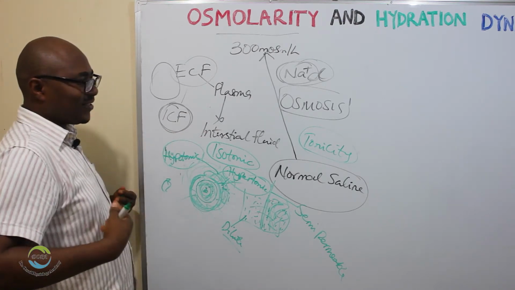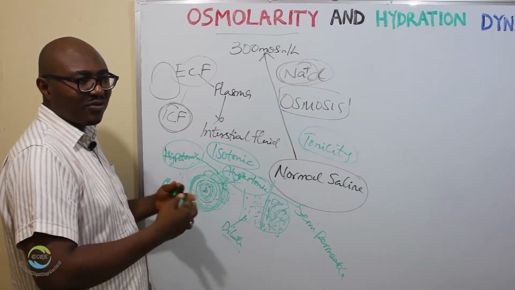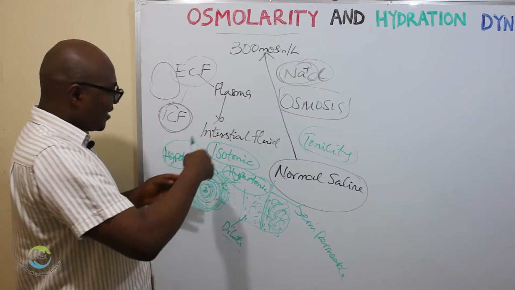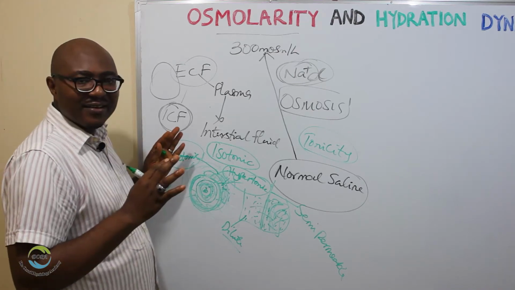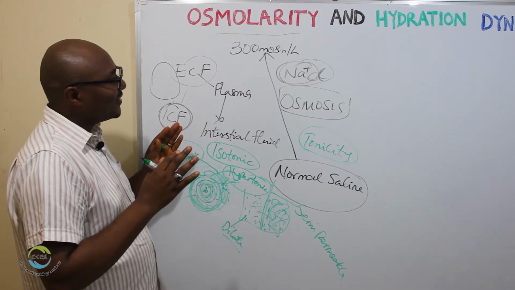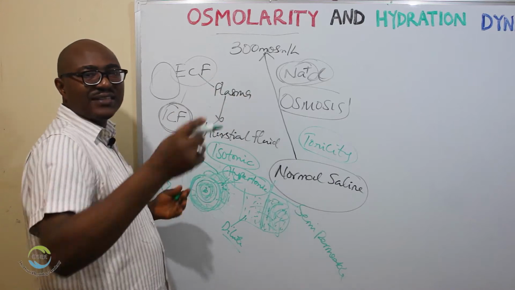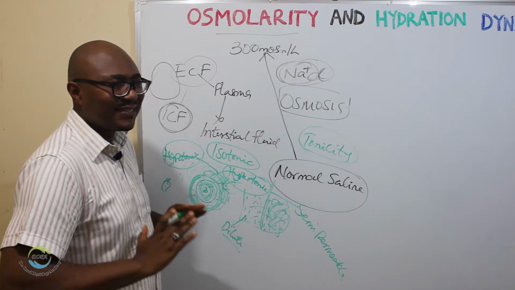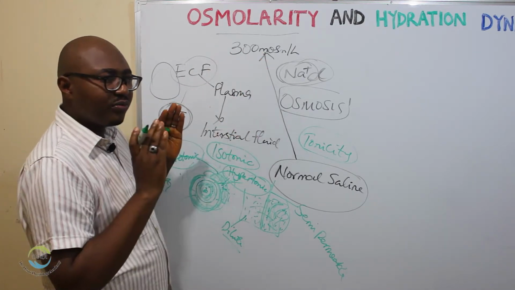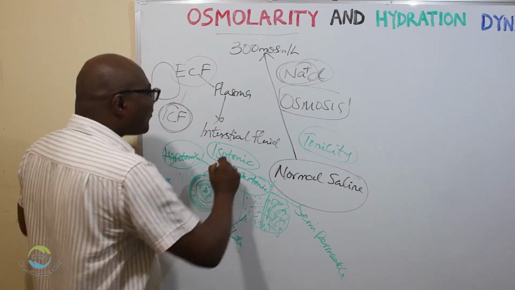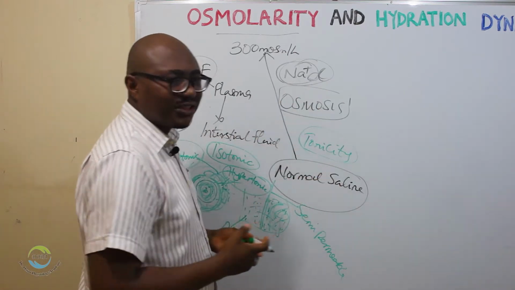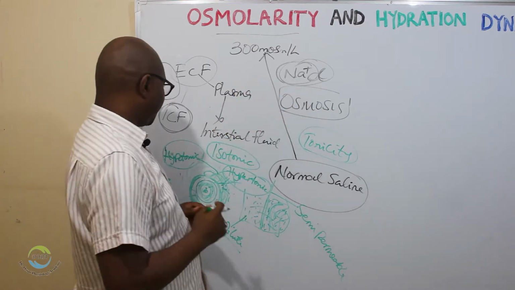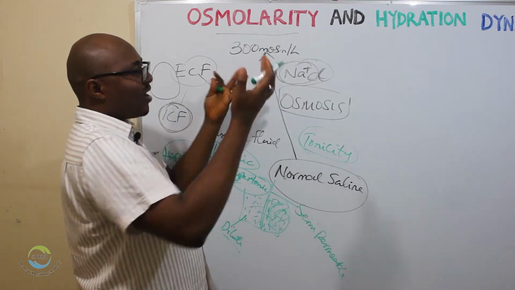So when there's a sudden increase in the plasma volume from 3 liters to, let's say, 4.5, it will also affect the volume of the interstitial fluid. Okay, so we call that overhydration. Sometimes you can call it hypervolemia. That means increased fluid volume. Okay, so you can have isotonic overhydration or hypervolemia, or hypertonic overhydration, hypotonic overhydration.